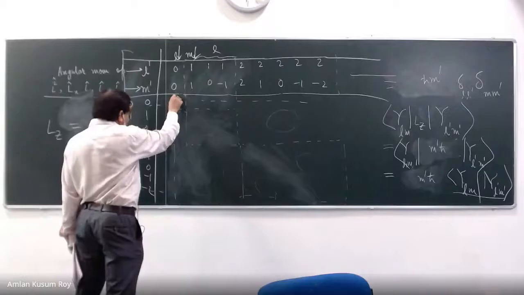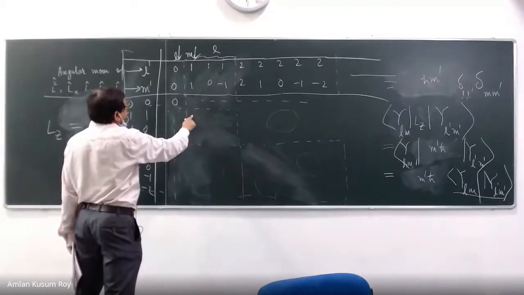Here it will be 0 because the ML value is 0. Okay, I'll take it without further question. Then this guy, here, since L is equal to L dash and M is equal to M dash, we'll have 1.